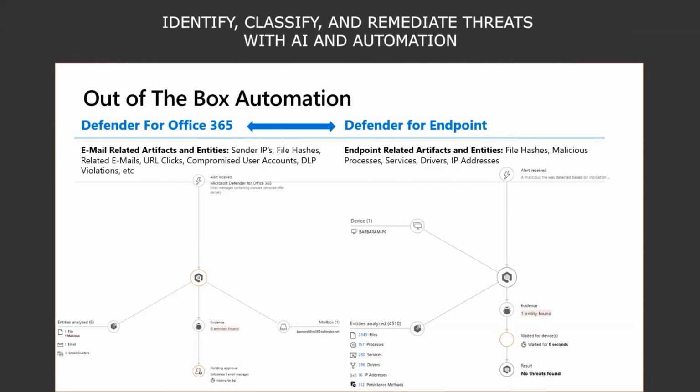Automated investigation integrated right into our Defender for Office and Defender for Endpoint, as an example, dynamically surfaces all key entities involved in these complex attacks. In fact, since we are dealing with unified entities, in this case a malicious file hash, as in the example I gave earlier, we are able to provide a coordinated response across email and endpoint. And this is just an example.